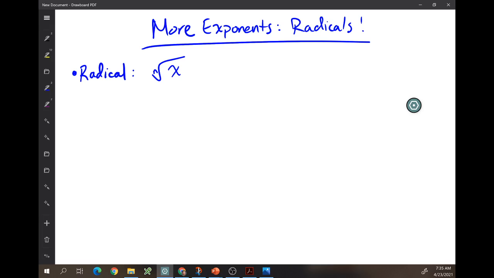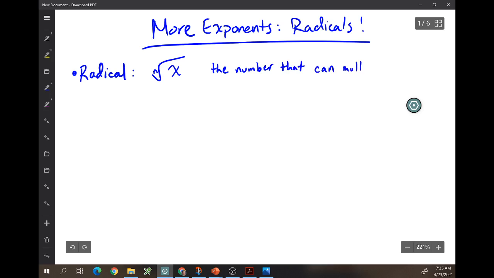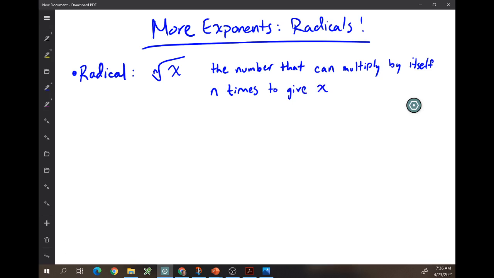And what the radical is telling us is that it's going to give us the number that can multiply by itself n times to give x. And that definition's a little bit confusing, but we'll go over it more clearly.